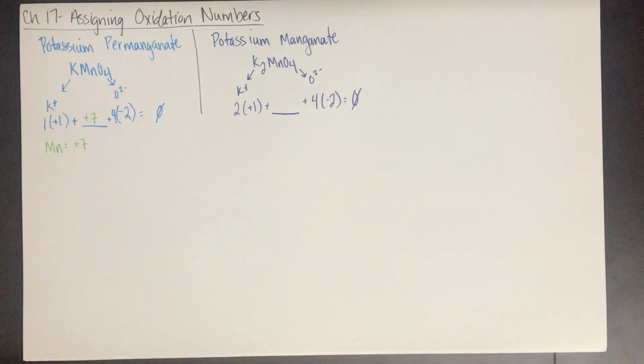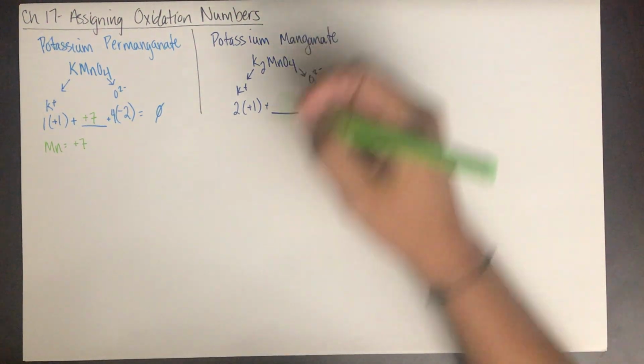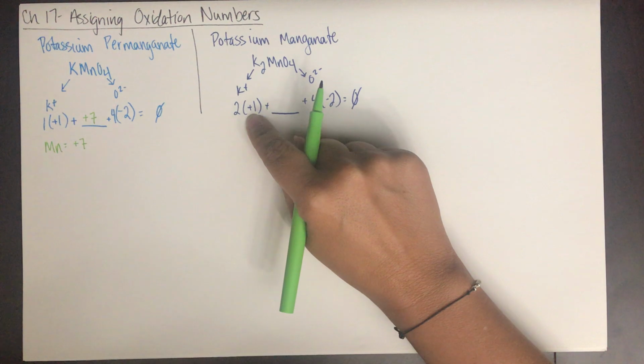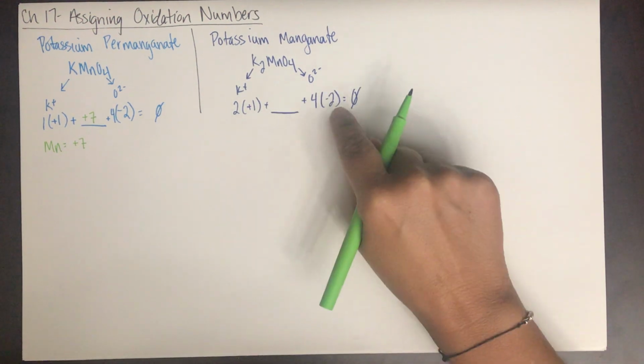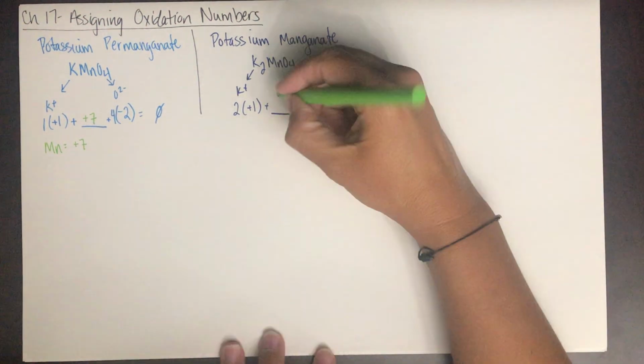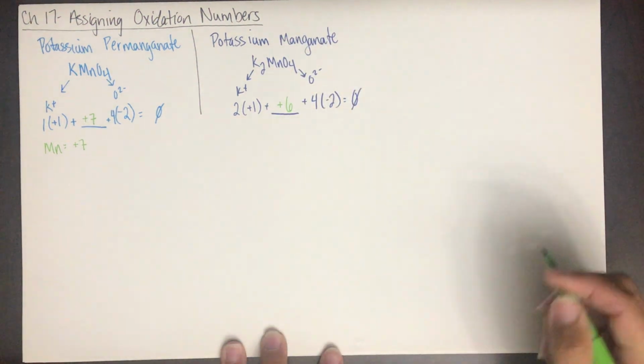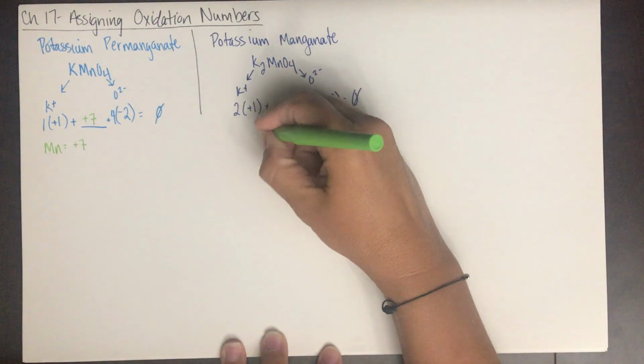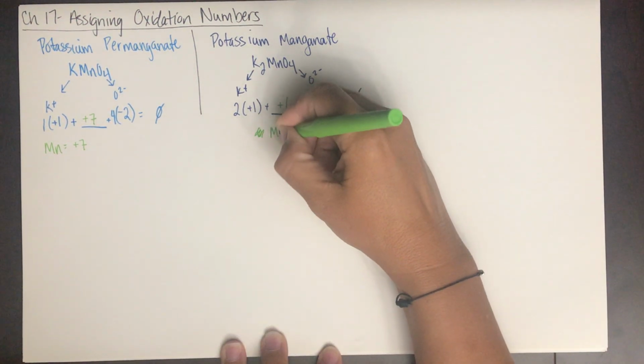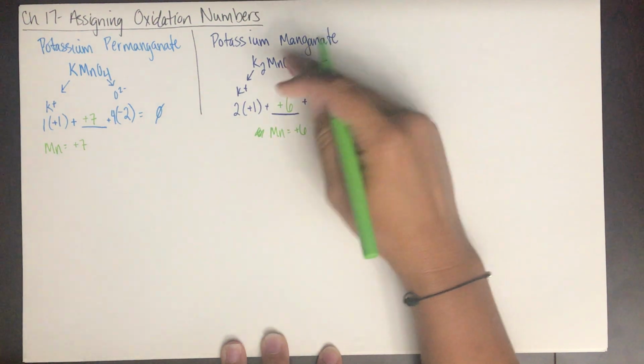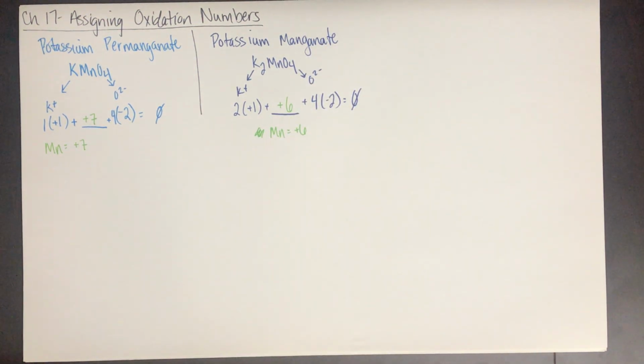So now what is manganese in potassium manganate? Where 2 plus something plus -8 is 0. Well, that means manganese must be +6. So the oxidation number of manganese in potassium manganate is +6. In potassium permanganate, it is +7.